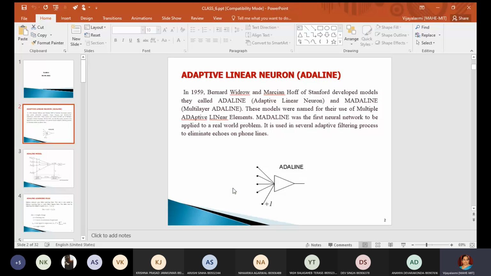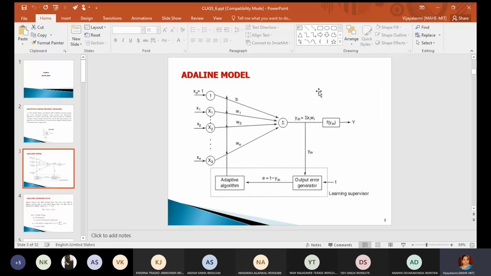So this is the basic simple structure of Adaline. Normally we represent the Adaline in this way. This is how the Adaline model looks like.